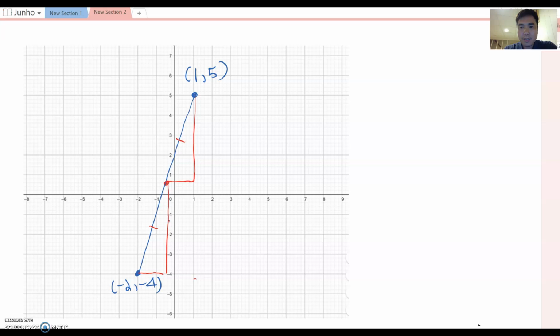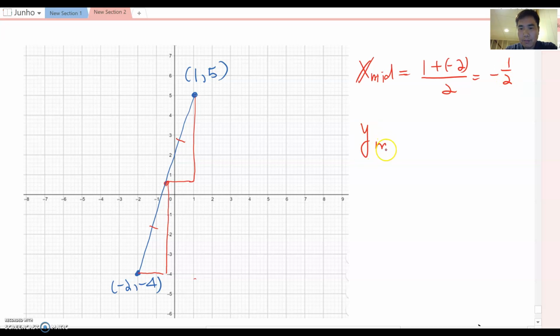So for x mid, I can say 1 plus negative 2 over 2, so that becomes negative 1 over 2.